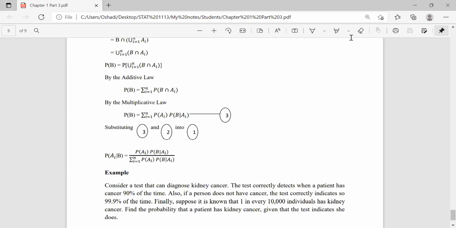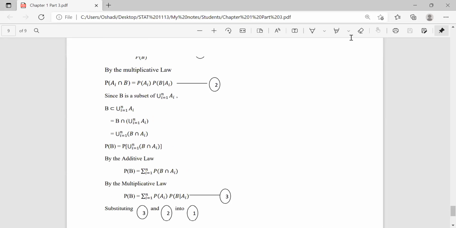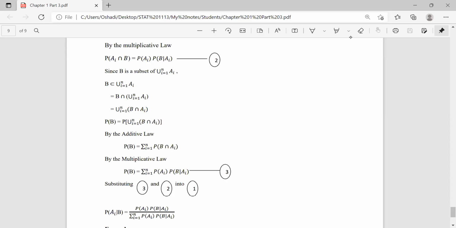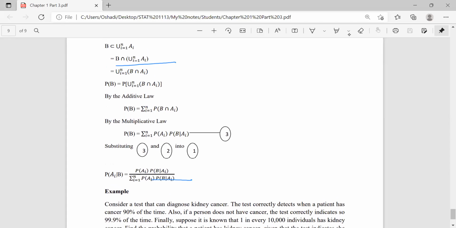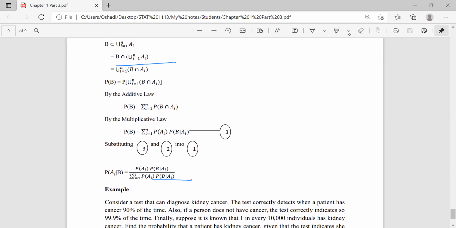So now we can substitute these 3 and 2 into 1 and then obtain this Bayes theorem equation.